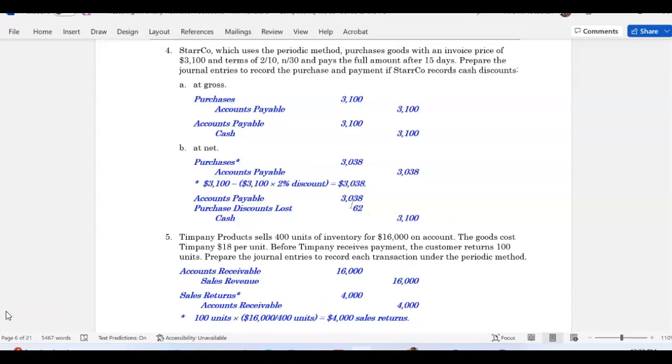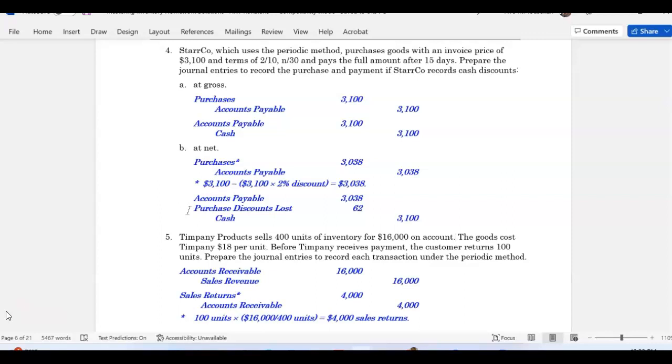And the difference is a plug-in. That means a blank cell that is the difference of 3,100 minus 3,038. That's $62. That extra money that you need to pay, you record it as purchase discount loss.